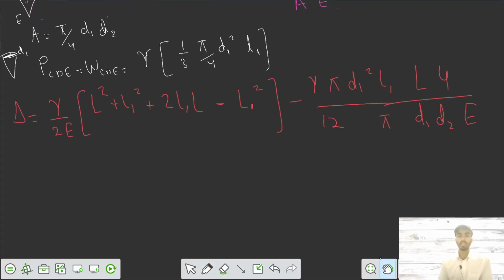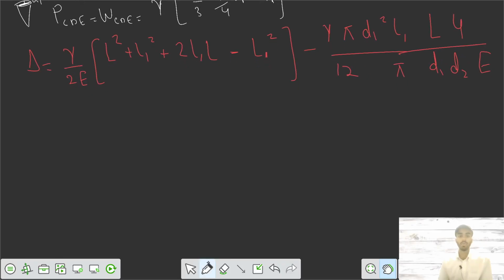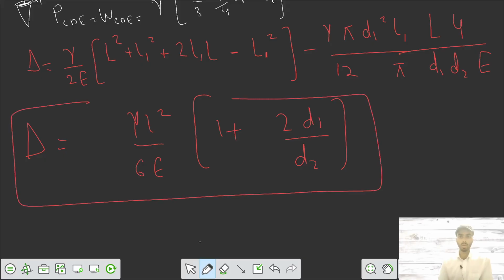After simplifying, you would get the result as delta total equals gamma L square by 6e, times 1 plus twice diameter 1 by diameter 2. Diameter 1 is your smaller one, diameter 2 the larger.